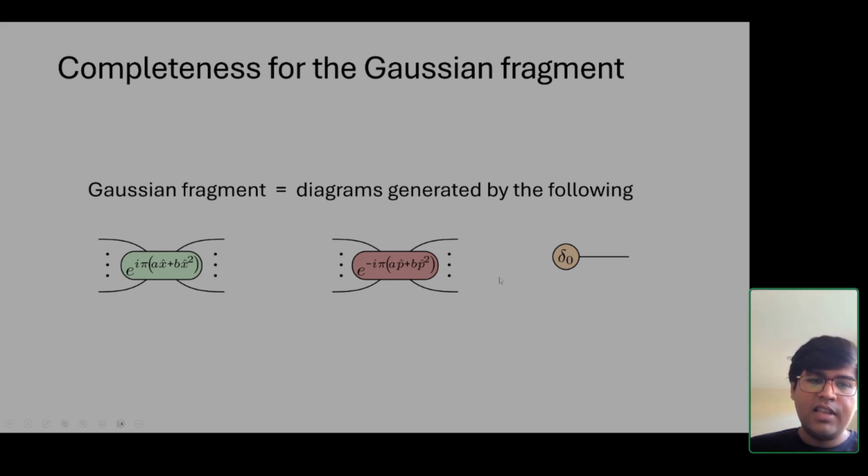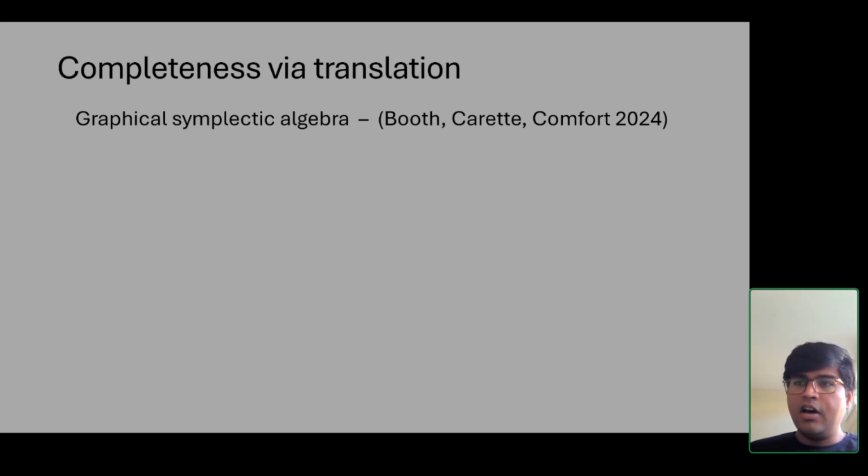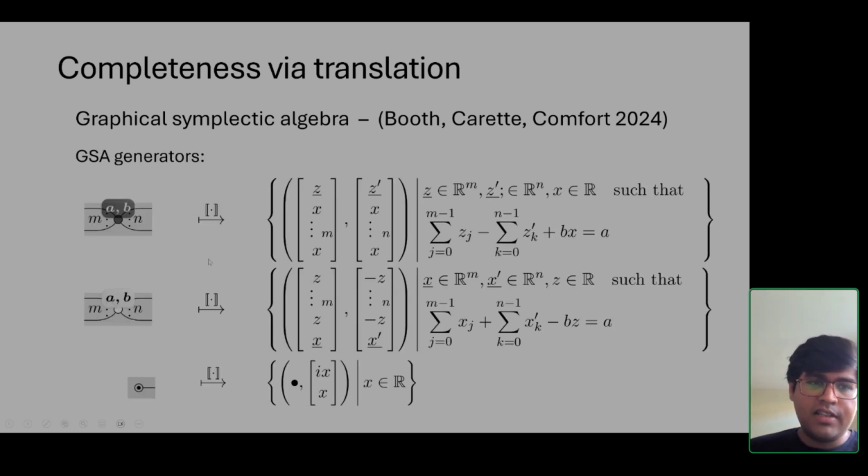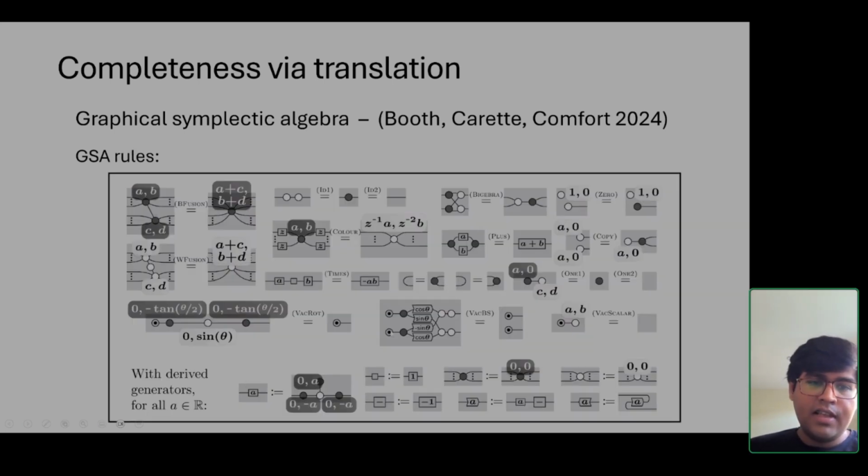And to prove completeness, we rely on another calculus, which is the graphical symplectic algebra, which was mentioned in the previous talk as well. This is a recent work by Booth, Carette, and Comfort, where they showed that you can give these generators and give their semantics in terms of relations instead of linear maps. And they proved that this set of rules is complete for Gaussian quantum computing.